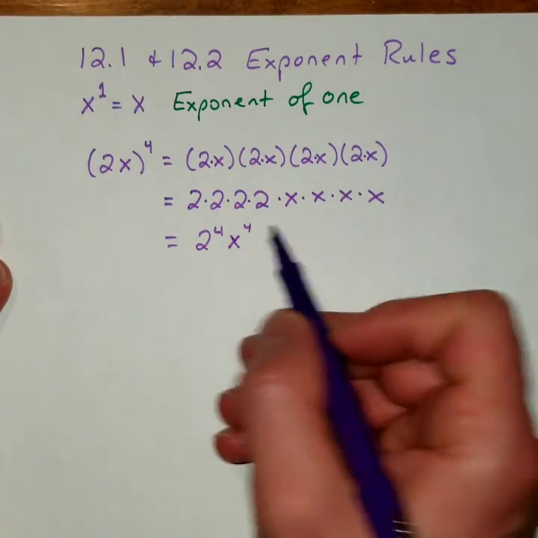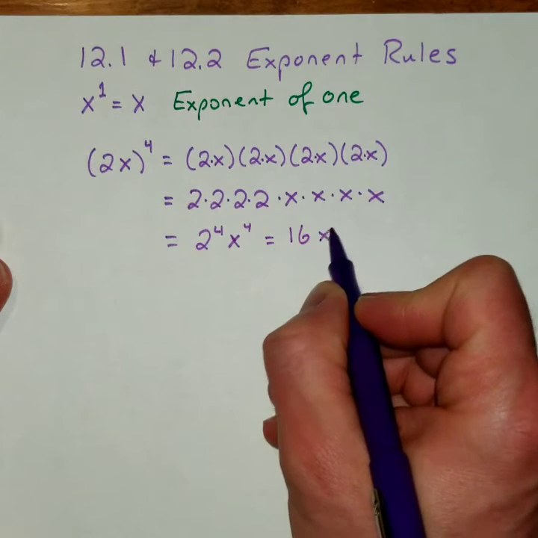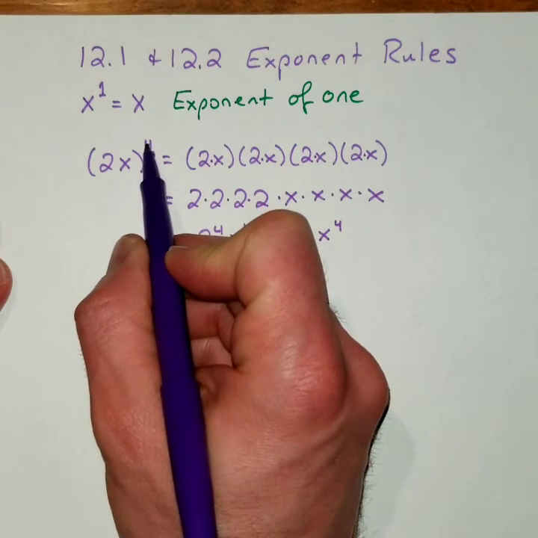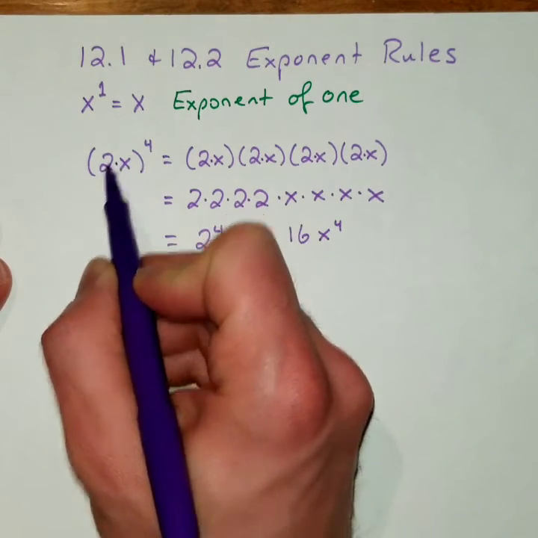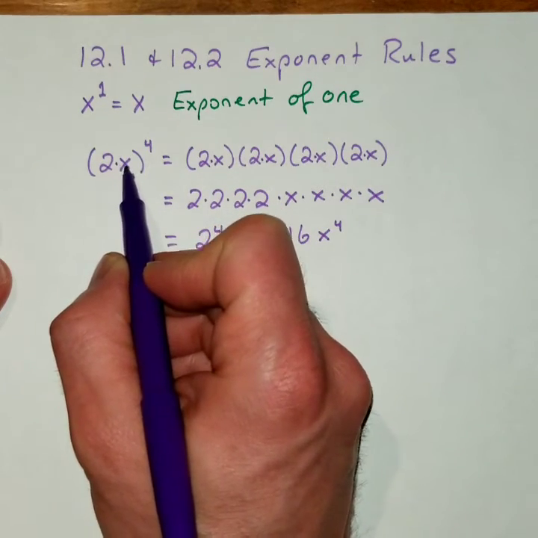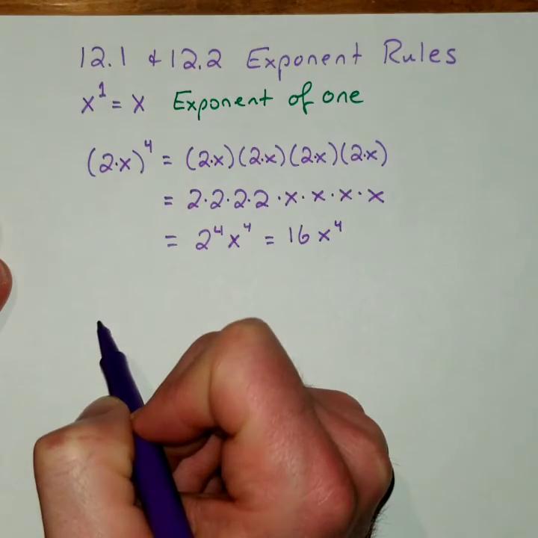Now obviously 2 to the 4th, we've already seen, is equal to 16, so I could simplify further to 16x to the 4th. But what's most important is that when you apply an exponent to a product, the exponent distributes to both factors in the product. So you get 2 to the 4th and x to the 4th.